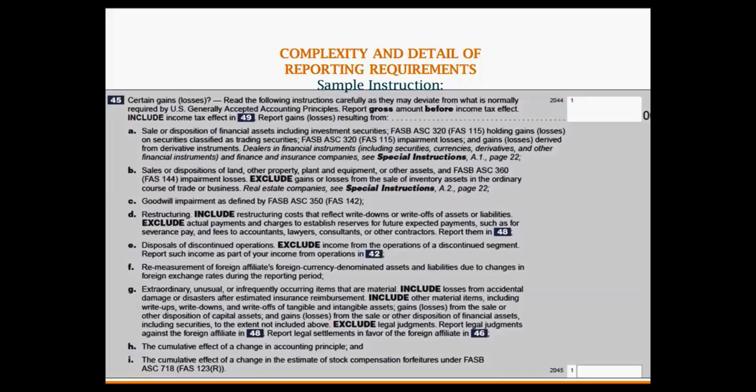Just to guide you a little bit in terms of the complexity that both Amy and I have referenced, this is just a selection from some of the questions, or one question in the Form 10 with respect to capital gains and losses. And I'm showing this to you just to give you some sense of how complex it is.